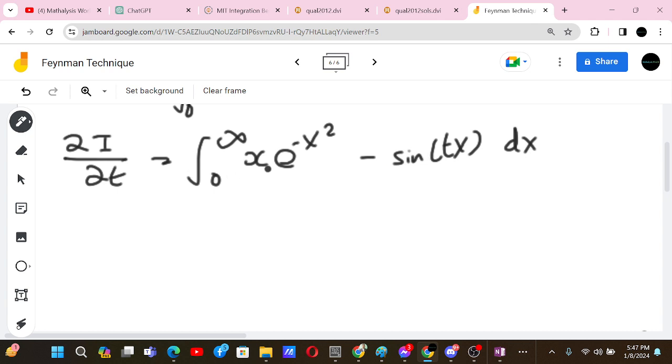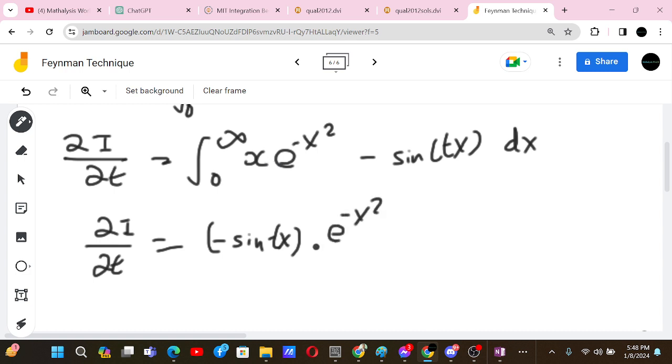This will be u, this will be v. So dI by dt will be, first of all, we will just have minus sine tx times the integral of this, which will be e to the power minus x square by 2. Is it or not? I don't think so. If minus x square is y, we will have minus 2x, so minus 2 should be there.